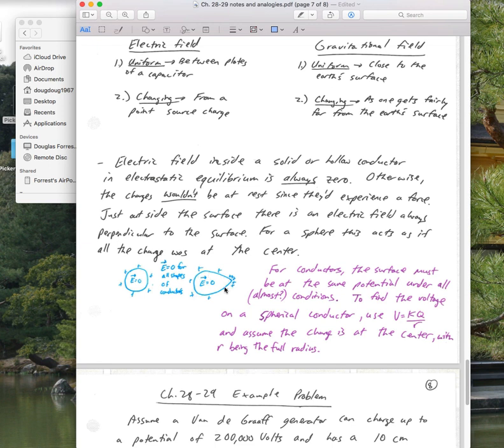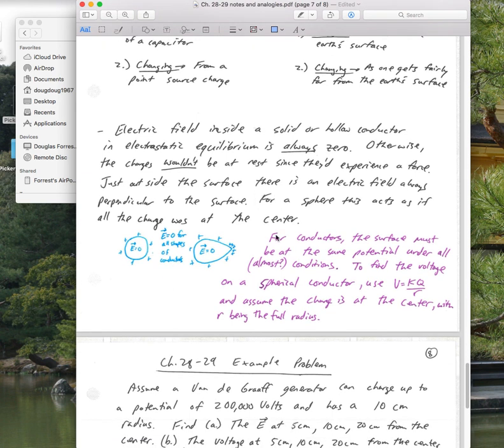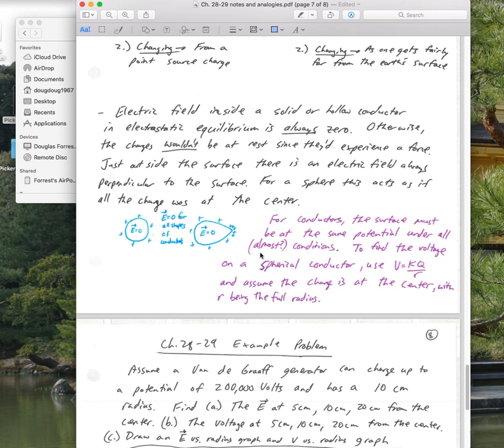If it wasn't equipotential, that means it does not have the same energy per charge. If some of these charges have more energy than others, they would instantly push or move the other charges, and they would redistribute, and that would happen essentially instantaneously. So those are the things that are mentioned here.